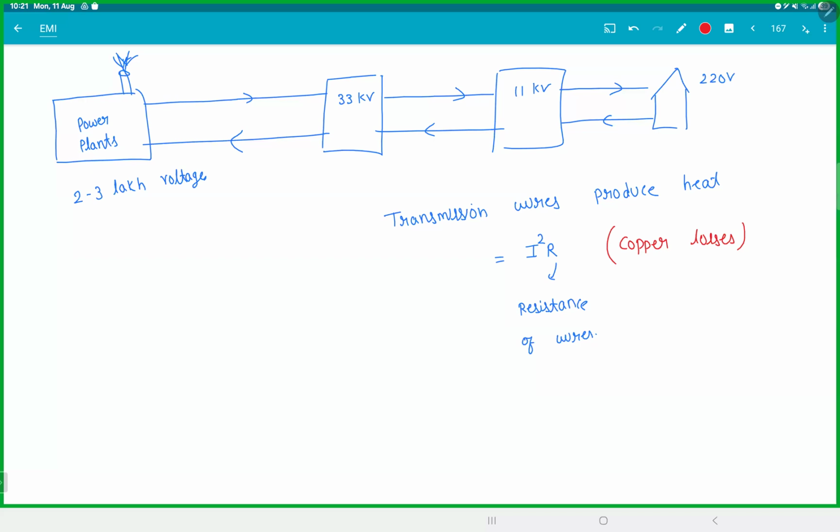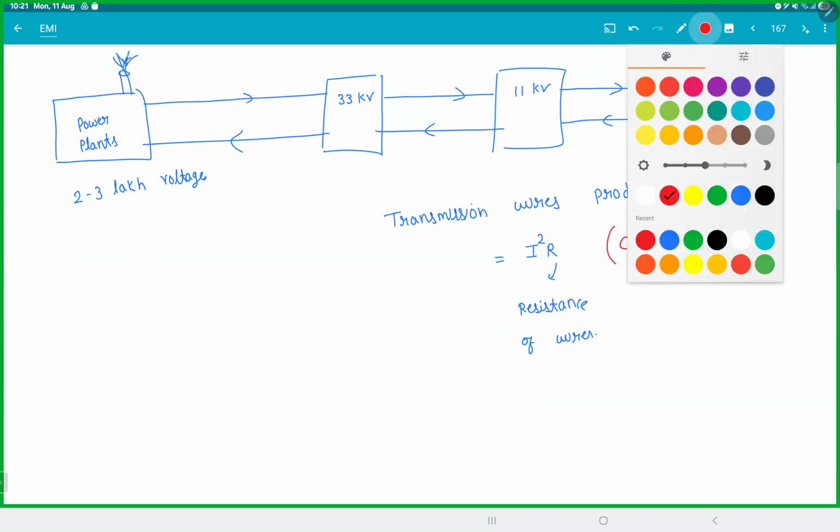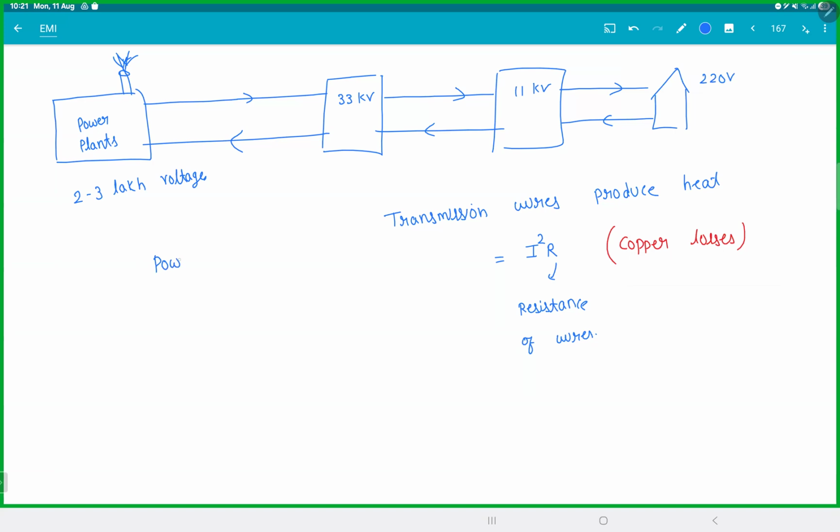So how does this increase in the voltage help us? Remember, power is V into I. So by increasing the voltage to a very high value, current becomes negligible. If current becomes negligible, I square R becomes negligible. That is the catch. So the higher the voltage goes, current will go into microamperes. The transmission wire losses will be negligible.